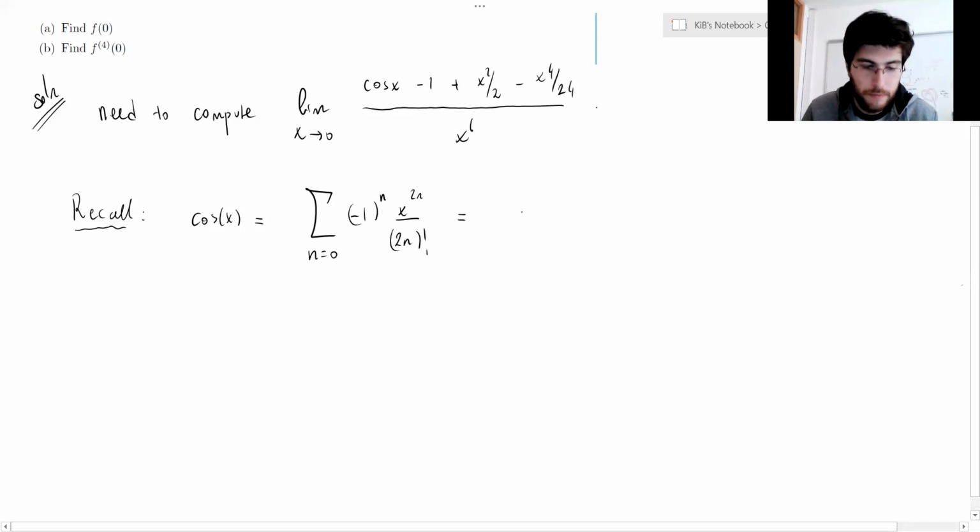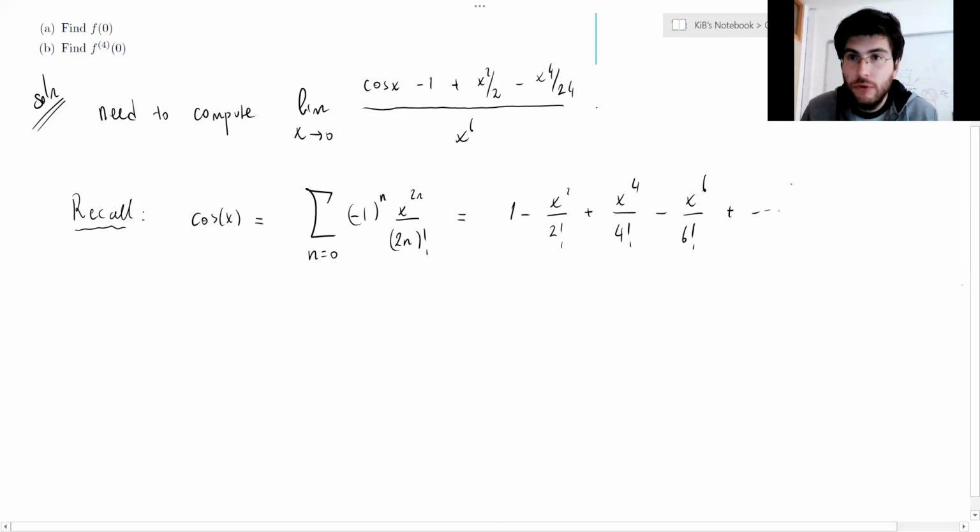Therefore, you have a power series like this: 1 minus x squared over 2 factorial plus x to the 4 over 4 factorial minus x to the 6 over 6 factorial plus, it goes like this. Okay, fine. So let's use it.